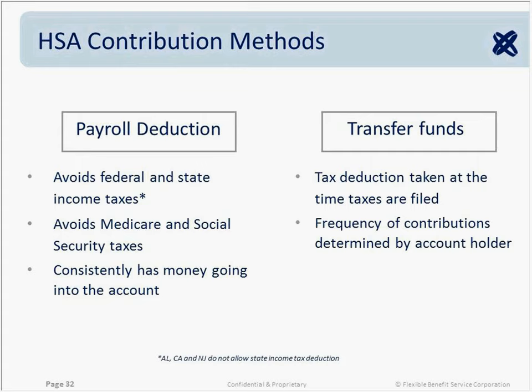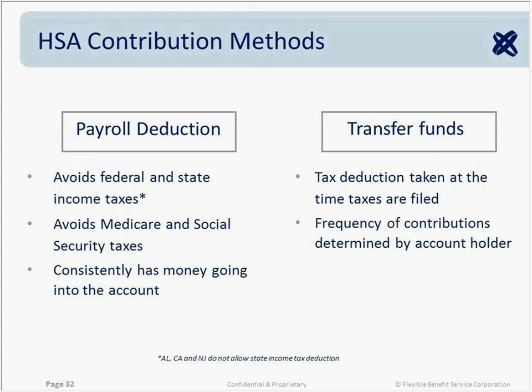There are a couple different options to make HSA contributions. My preferred recommendation for contributions is through payroll deduction, pre-tax payroll deduction through the employer. Why? Because it's going to avoid federal and state income taxes.